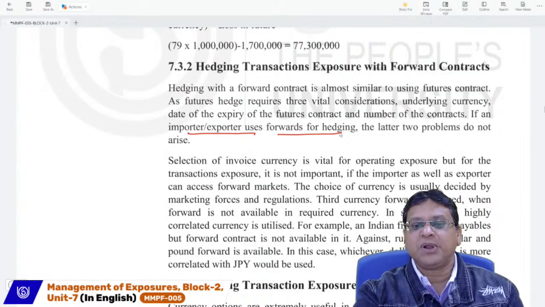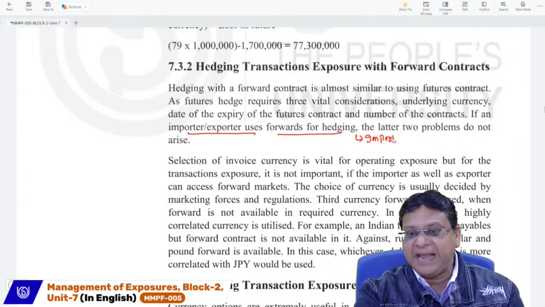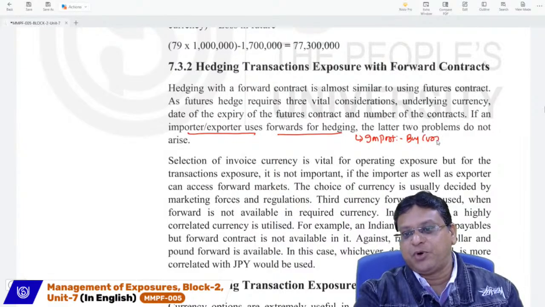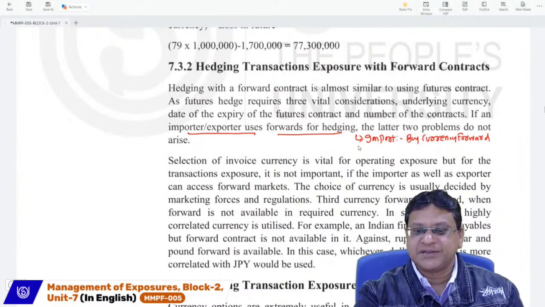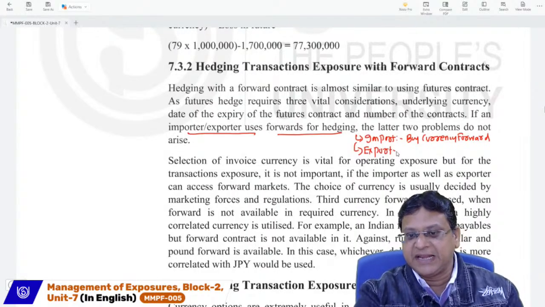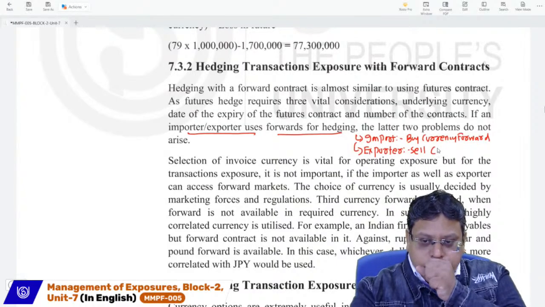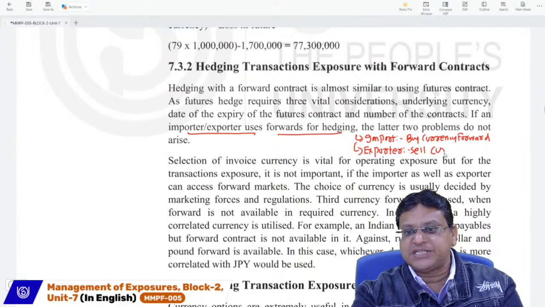So, importer will buy currency forward to reduce his risk, whereas exporter will sell currency forwards.